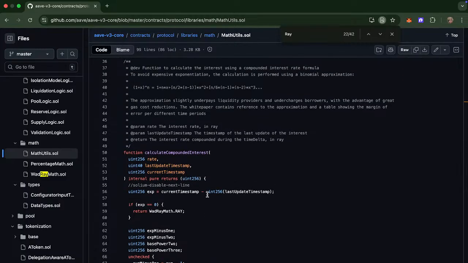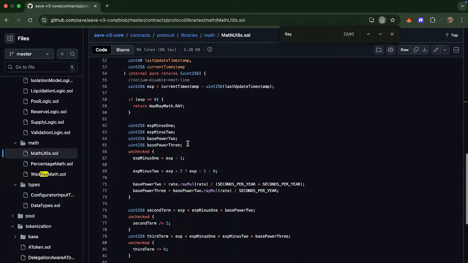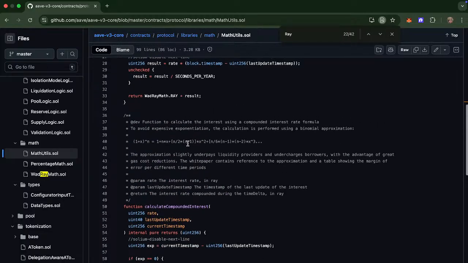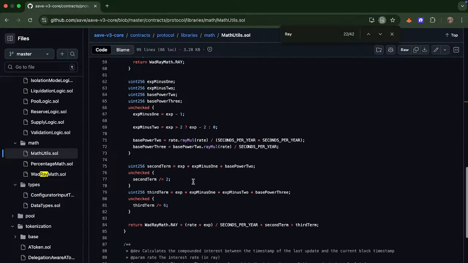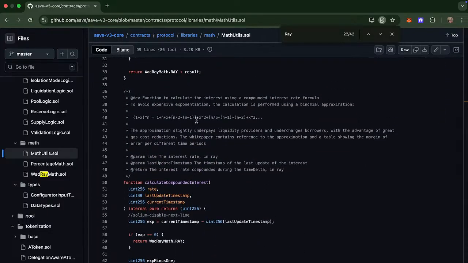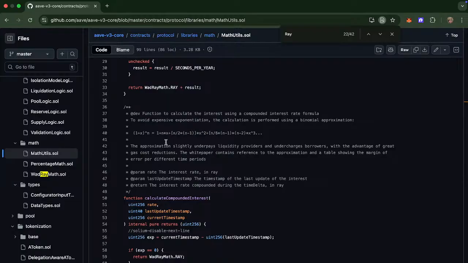So time delta is n into x. Time delta, what is the first term then? First term, yeah, okay. So time delta into base power 2, minus 1, base power 2, minus 1, n minus 1, n minus 1 is time delta minus 1, base power 2 into n by 2.